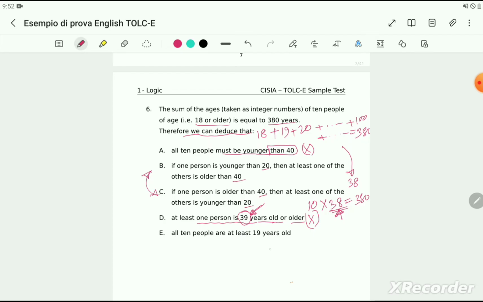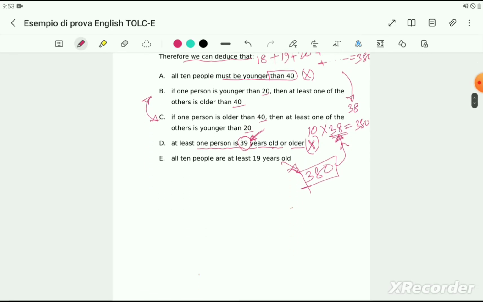It could be more, it could be less, it could be even no one. So this statement is out. All 10 people are at least 19 years old. This is not possible. All 10 people do not give us 380 if they are less than 19 years old, because we have seen the average is 38. Okay, so now the answer actually belongs to B and C. We have to find out. So this is a very tricky question. We have to understand very carefully.